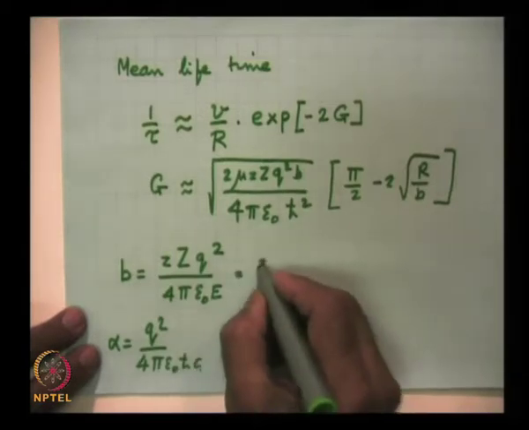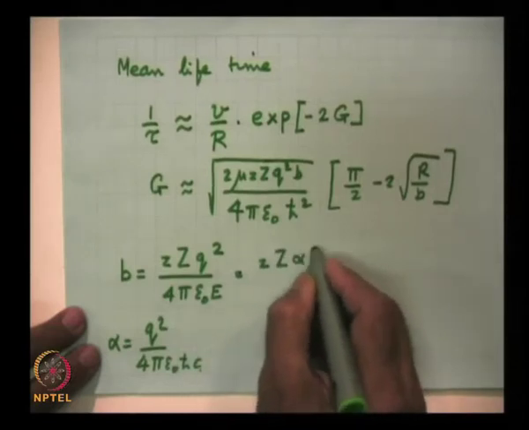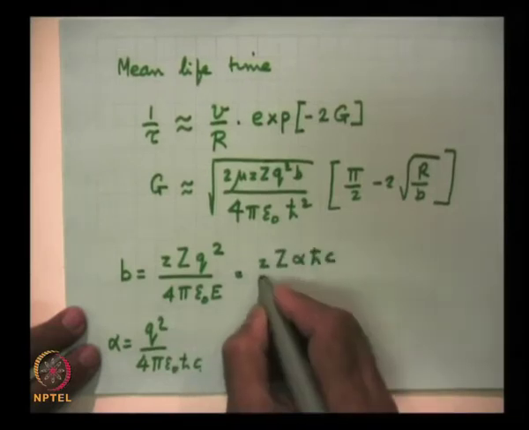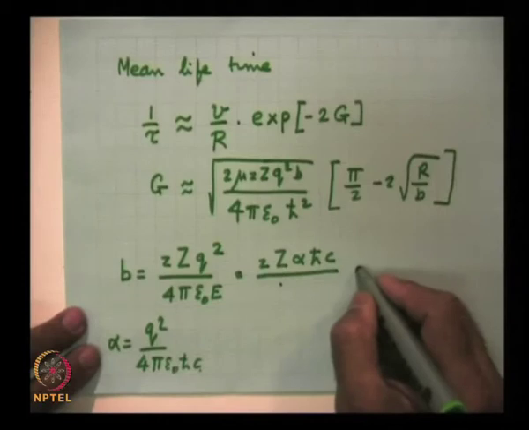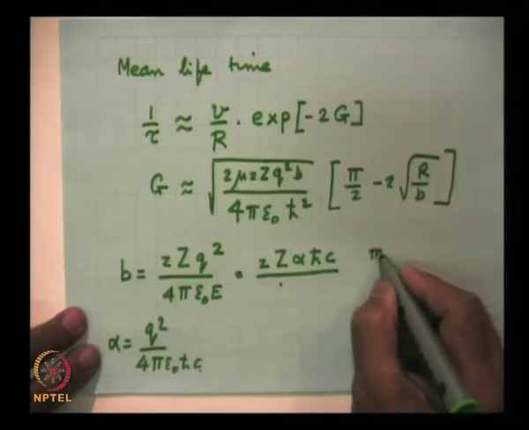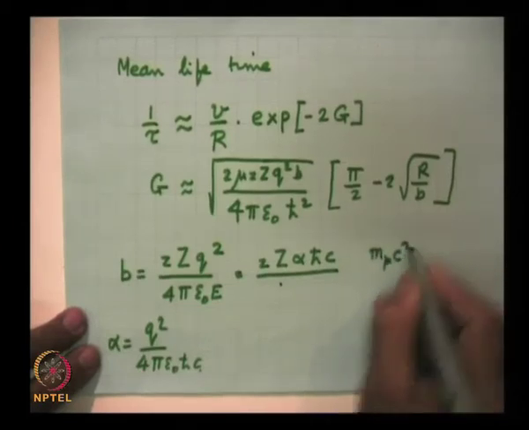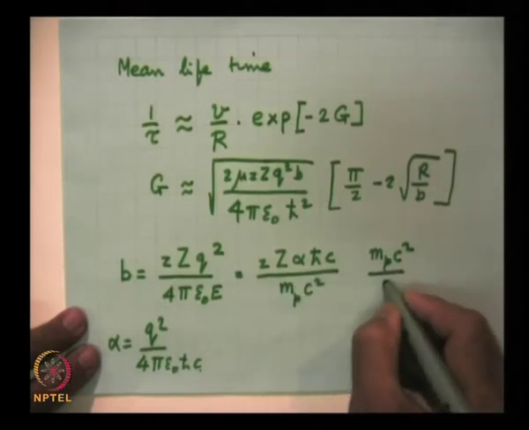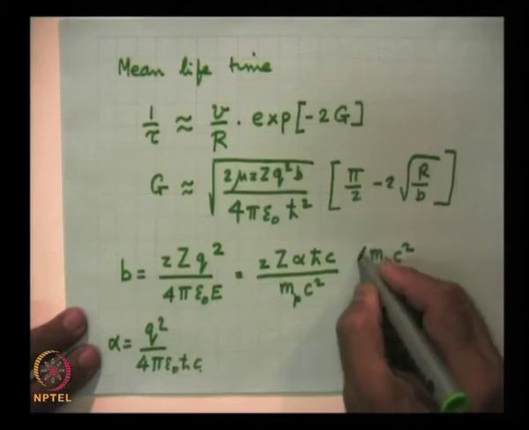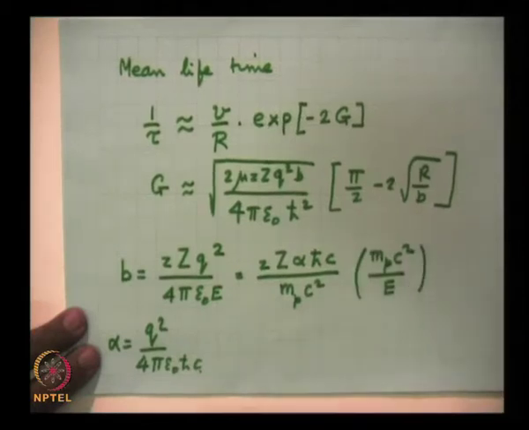So I write this as z alpha h cross c divided by e, and I multiply this by mp c square and divide by mp c square divided by e. I will tell you in a moment why I did this, where mp is the mass of the proton.